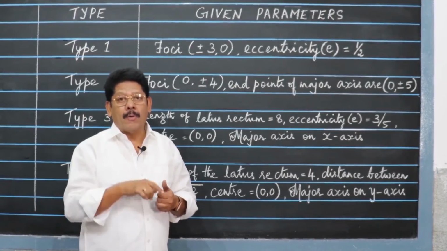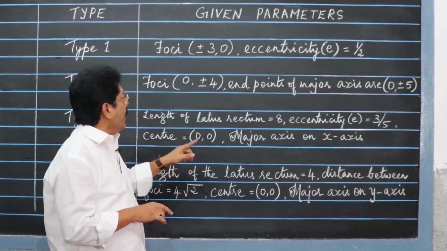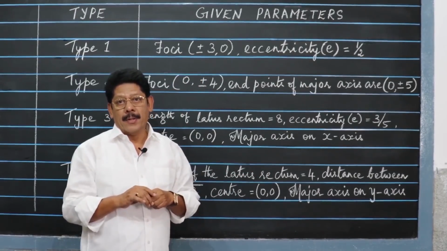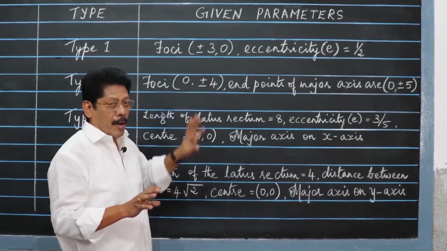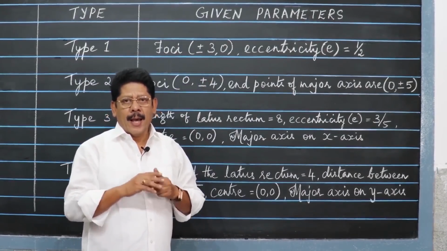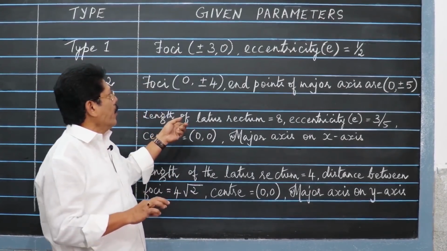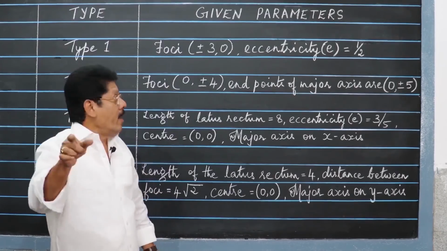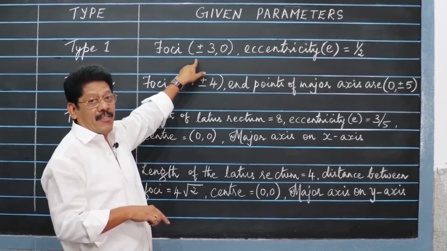But you should know one piece of information: where does the major axis lie? For that, you plot the given data and find the major axis along the x-axis. It is very clearly denoted in the foci that the coordinates are given in the place of x.